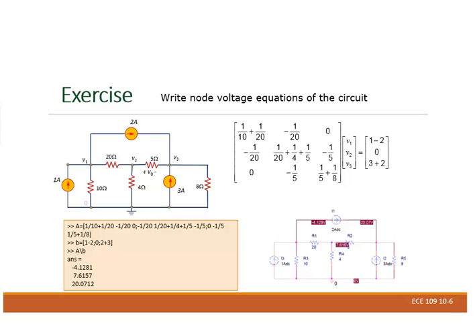See, we can see directly. Easily here, I have node 1 non-reference, node 2 non-reference, node 3 non-reference right there. So that's why we're going to have V1, V2, V3 here. When I look at node 1 here, this element and this element connect to node 1. So 1 over 10 plus 1 over 20.